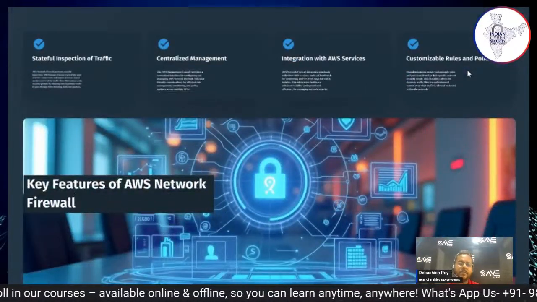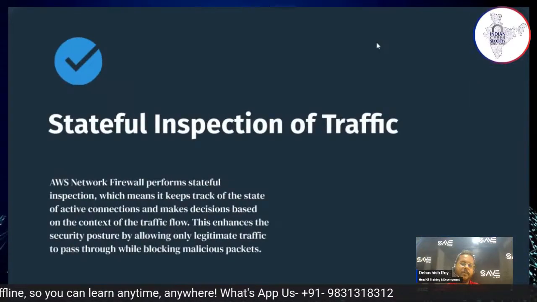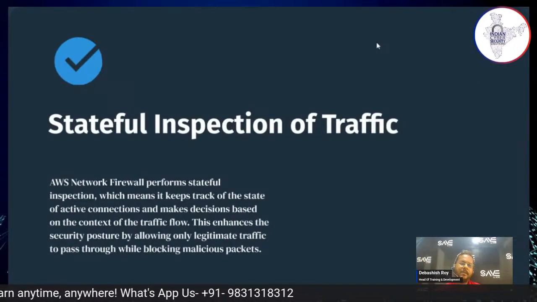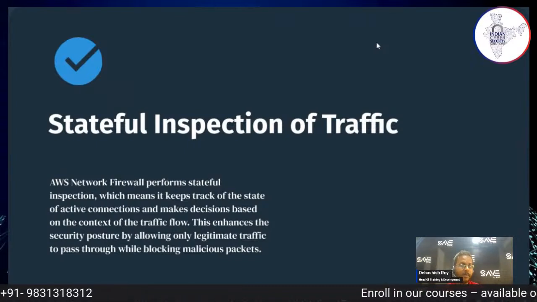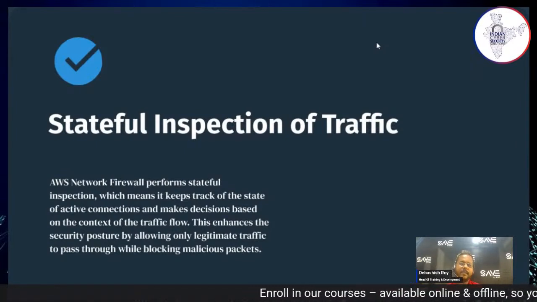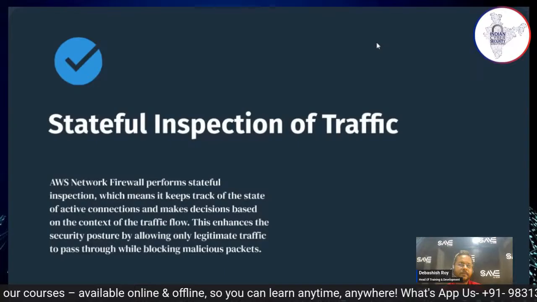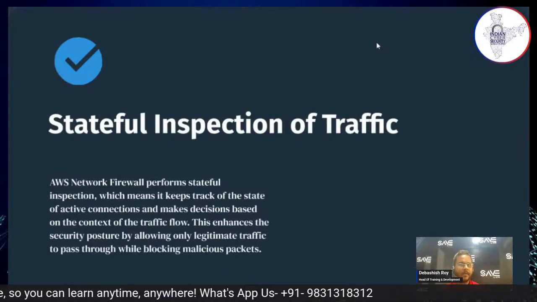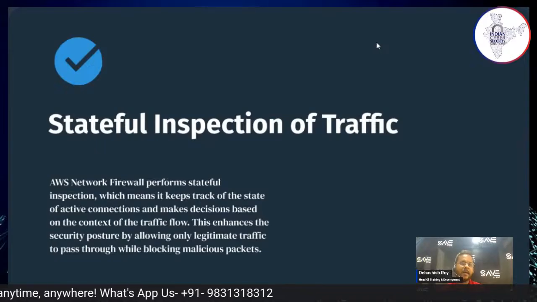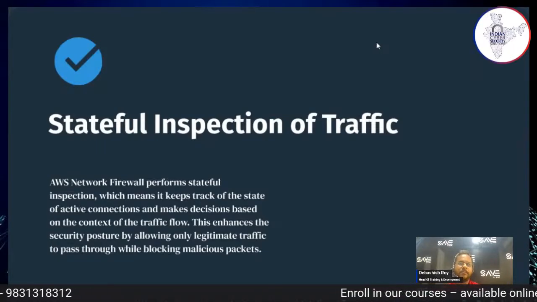Now, what are the key features of AWS Network Firewall? First of all, it is stateful inspection of traffic. AWS Network Firewall performs stateful inspection. Now, what is stateful and stateless? It means that it keeps track of the state of active connections and makes decisions based on the context of the traffic. What does it mean? It means that some traffic is coming into the firewall and passing through it, and the firewall logs the source, destination IP, and the port numbers in particular.